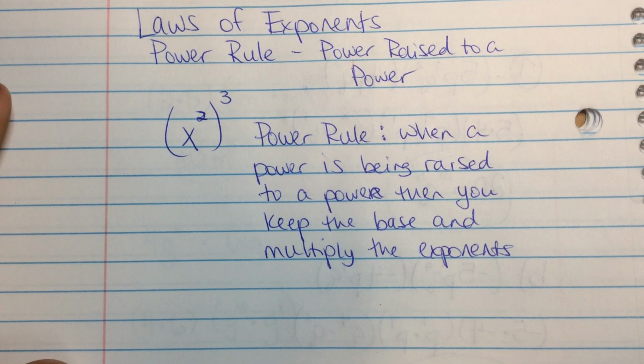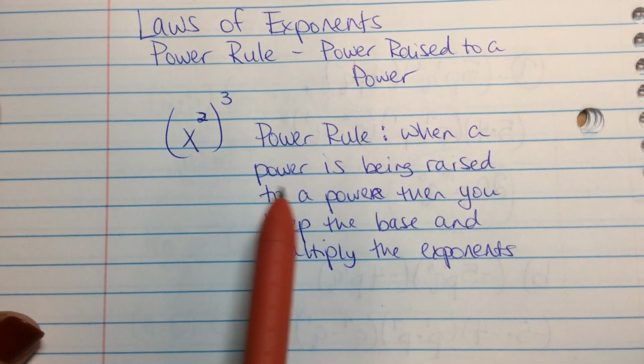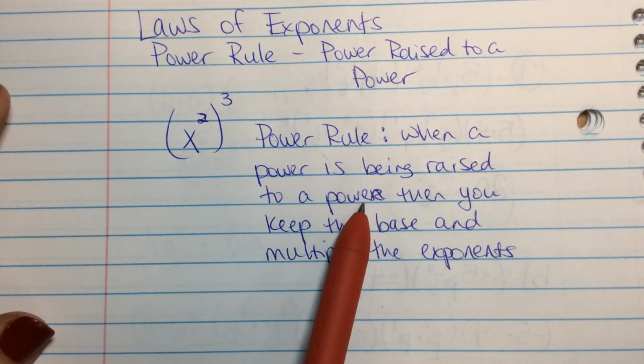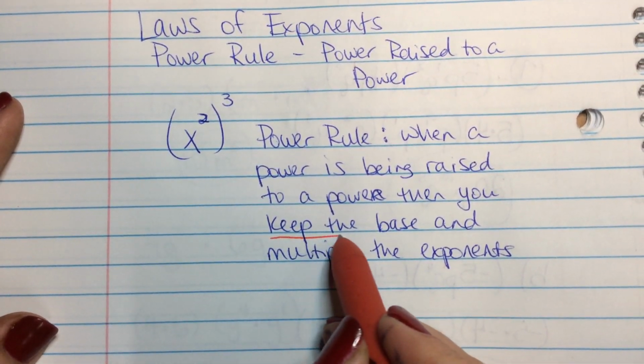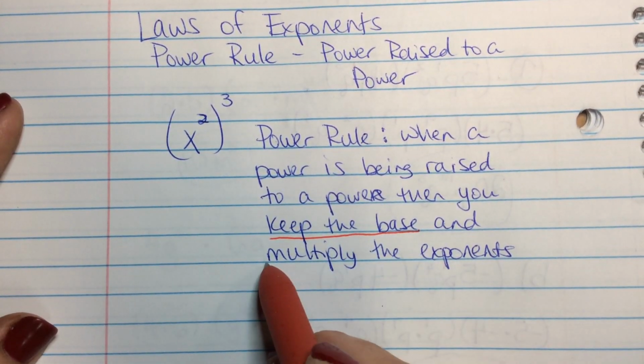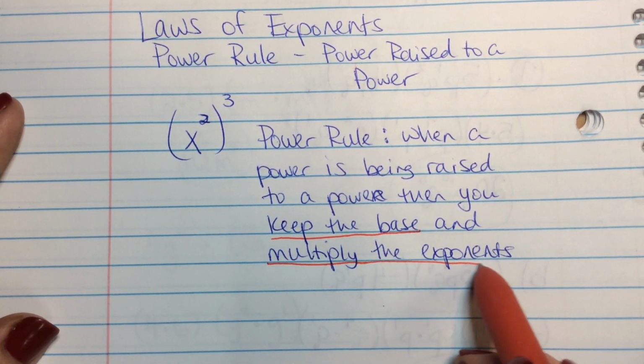So let's read that again. When a power is being raised to a power, then you keep the base and multiply the exponents.